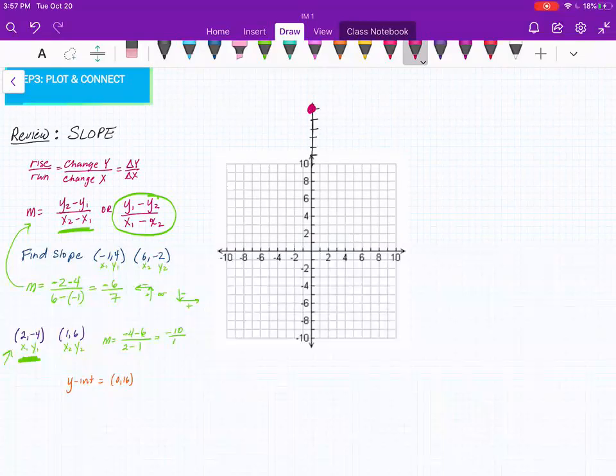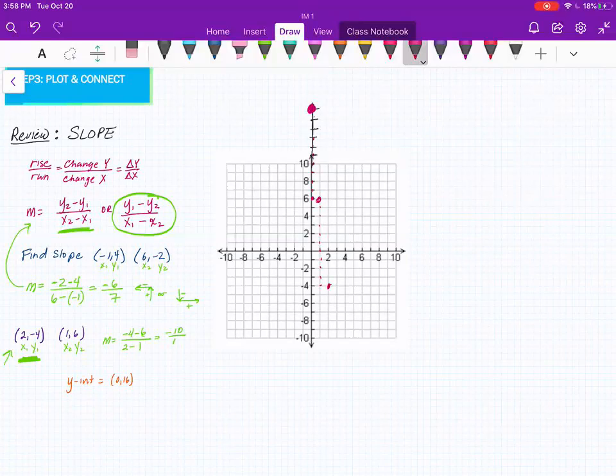I'm going to go down because there's no place for me to go up. So 1, 2, 3, 4, 5, 6, 7, 8, 9, 10, and run 1. It is a very steep line.